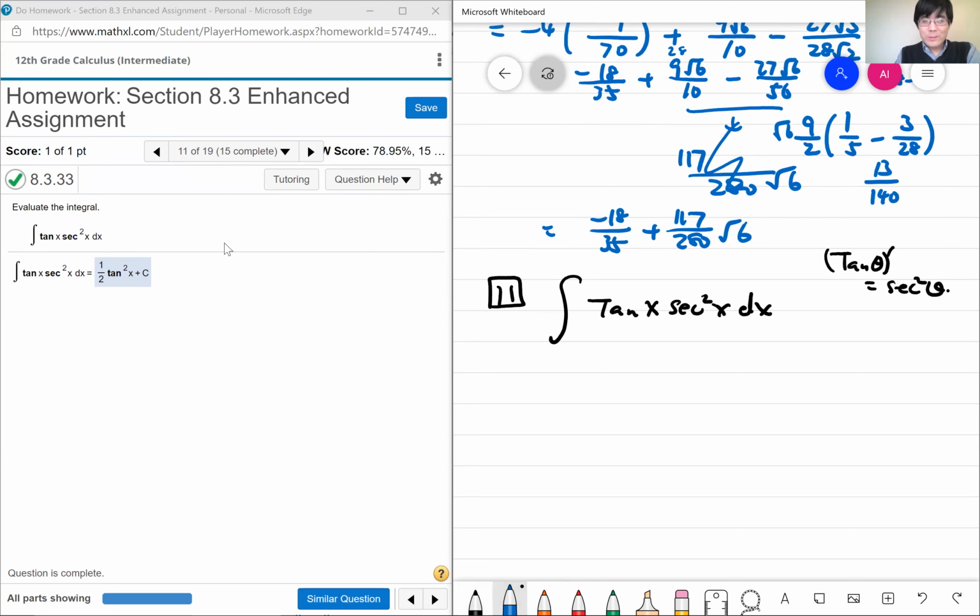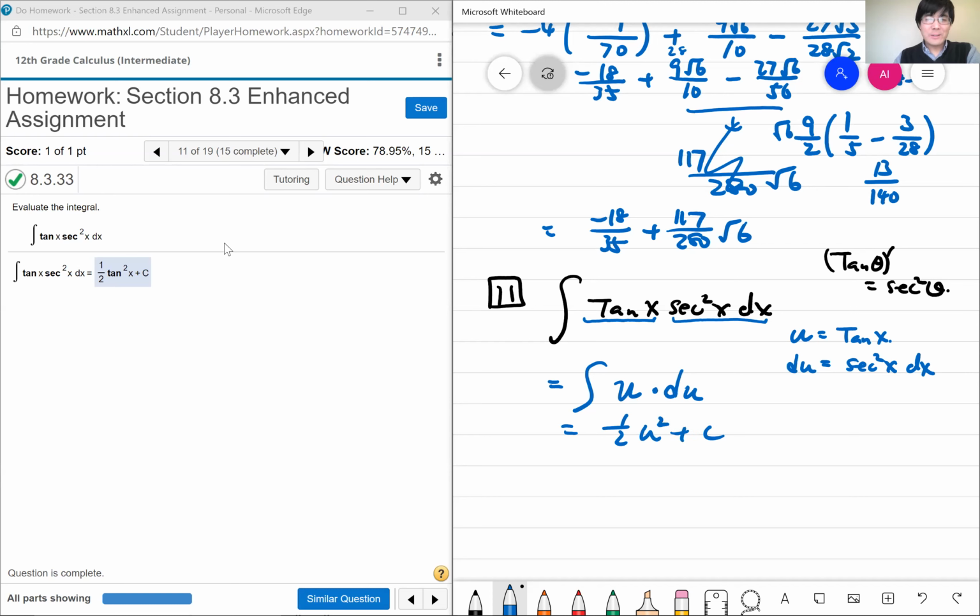So this can be considered as a function in terms of tangent multiplied by the derivative of tangent. So let u be equal to tangent. Then du is equal to secant squared x dx. So after the substitution, it's going to be u times du, which is 1/2 u squared plus c, and you want to get this result.